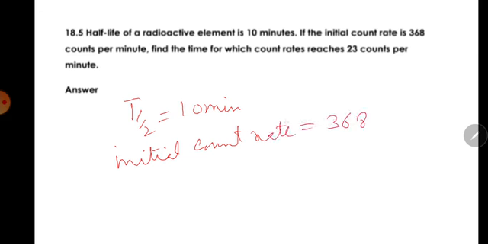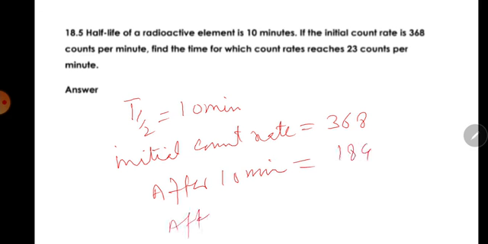Find the time in which the count rate reaches 23 counts per minute. So after 10 minutes, half-life is 10, so after 10 minutes, the count rate will be reduced to half, 184.